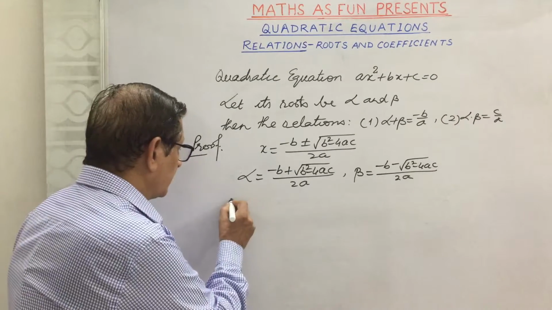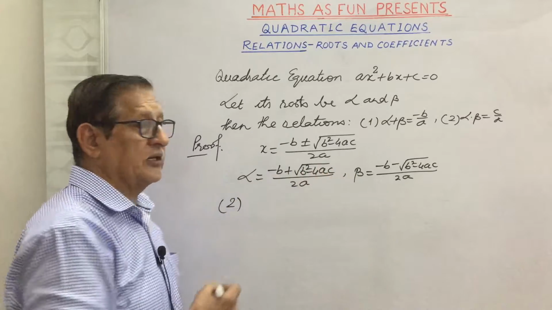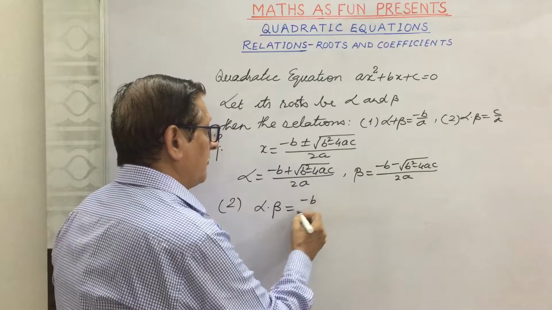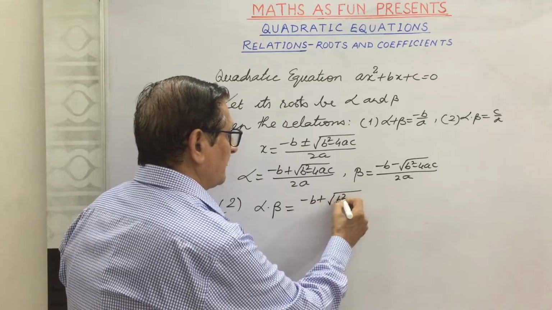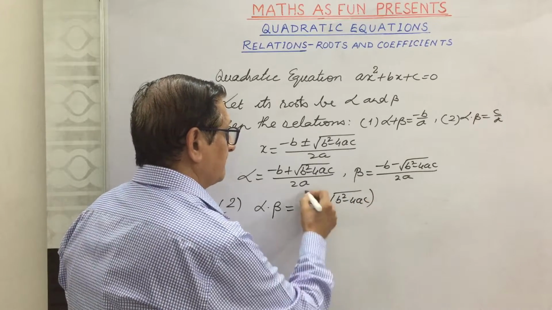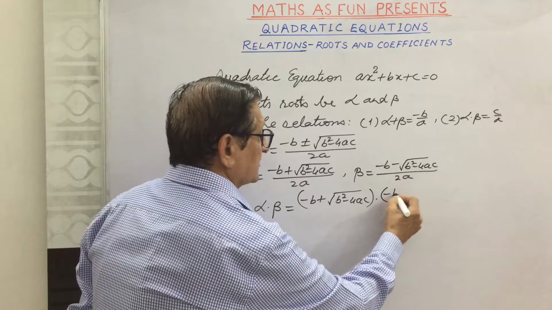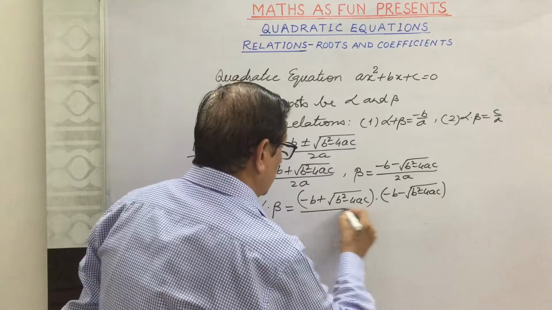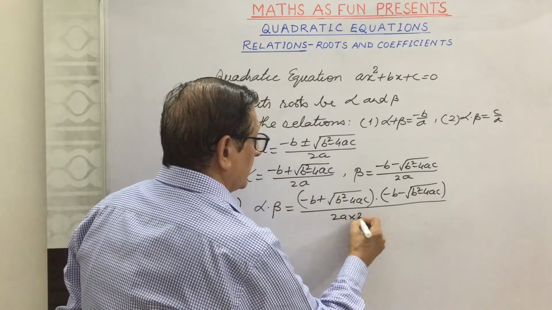For the proof of the second one, if we multiply alpha and beta, that will be alpha into beta equal to minus b plus root of b square minus 4ac into minus b minus root of b square minus 4ac upon 2a into 2a.